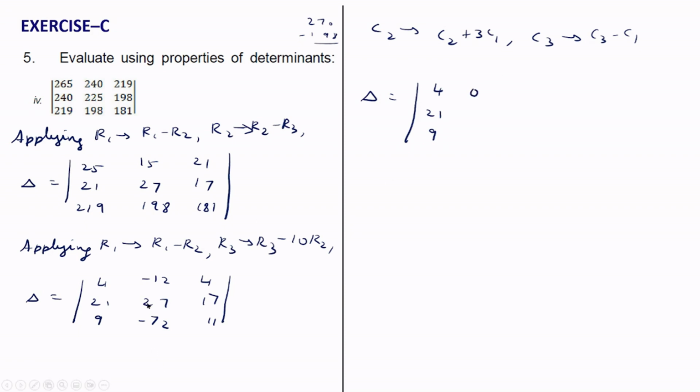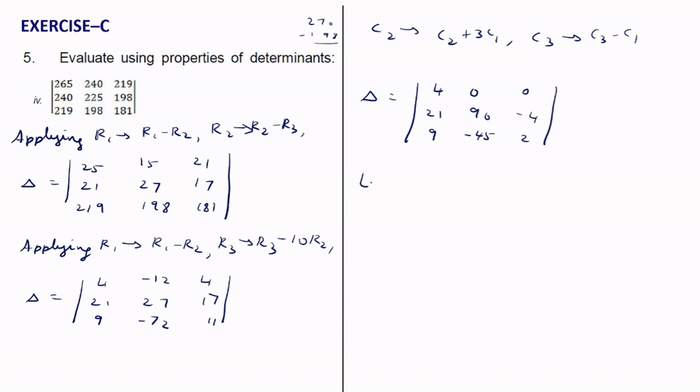Then 27 plus 63, 90. Then minus 72 plus 27. So 72 minus 27 is 45, so minus 45. Next we have C3 changing to C3 minus C1. 4 minus 4, 0. 17 minus 21, minus 4. 11 minus 9 is 2.